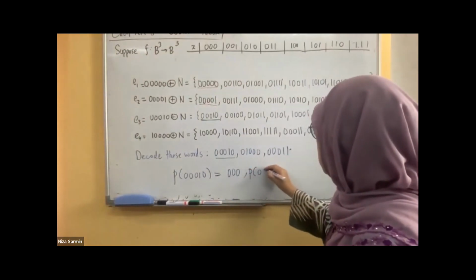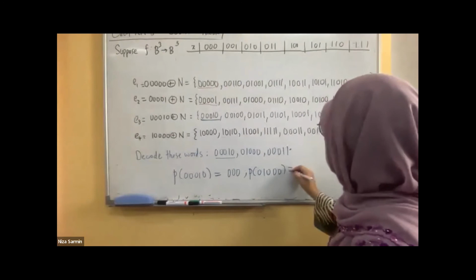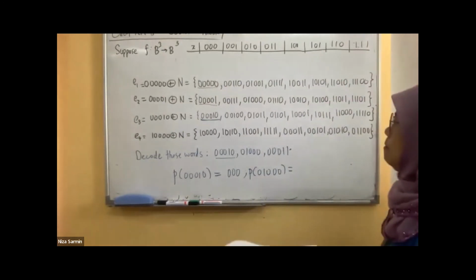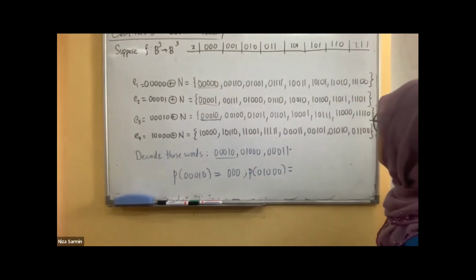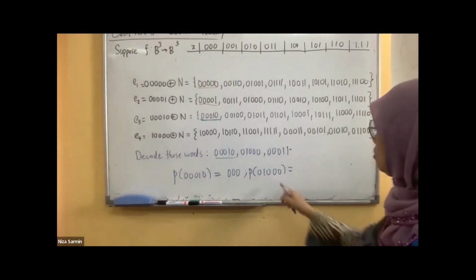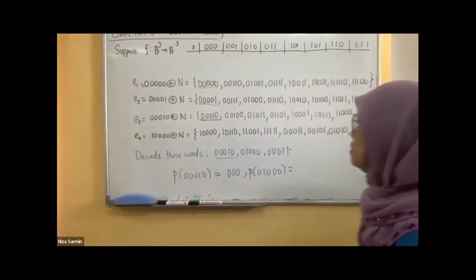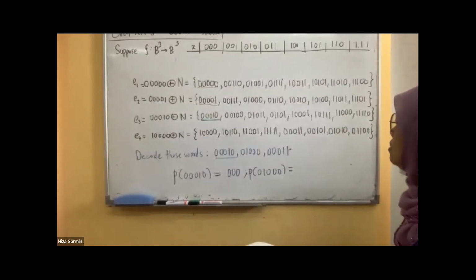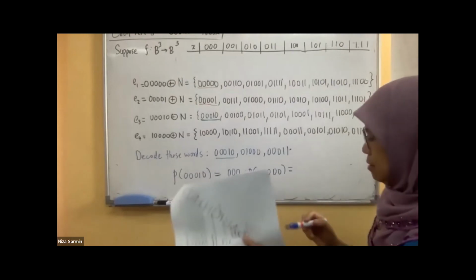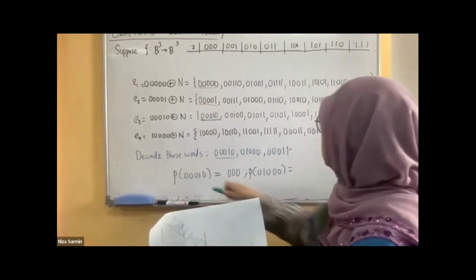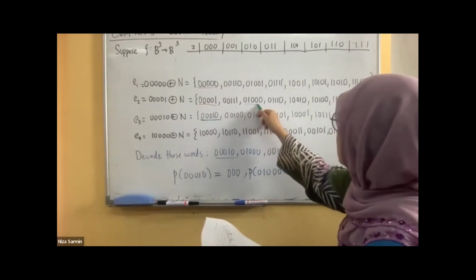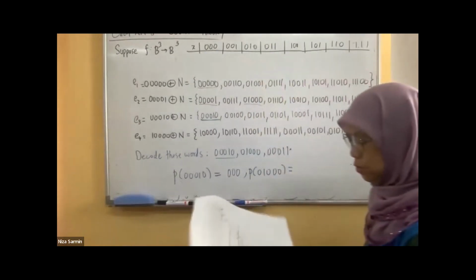P of 0, 1, 0, 0, 0. It's not part of this one. Which one? First, second, third. You see? Right? Okay, which is 0, 1, 0.